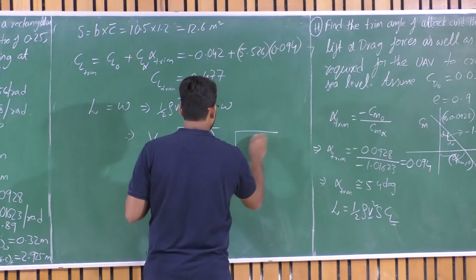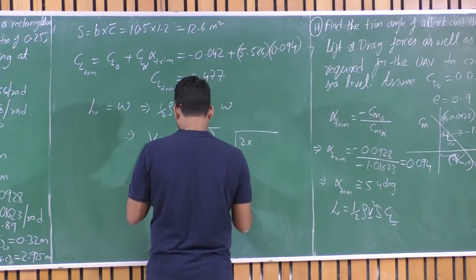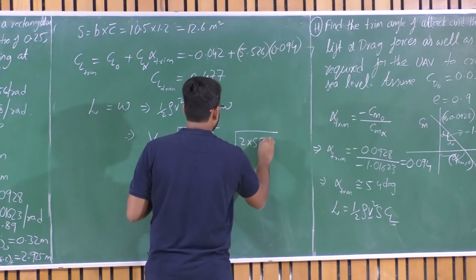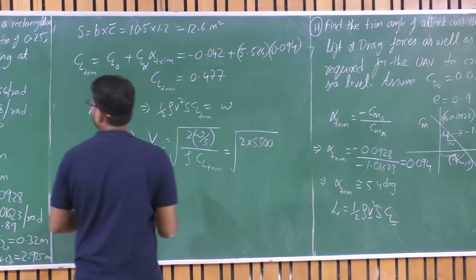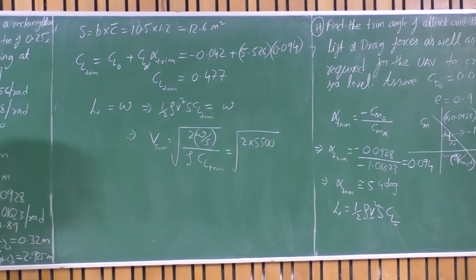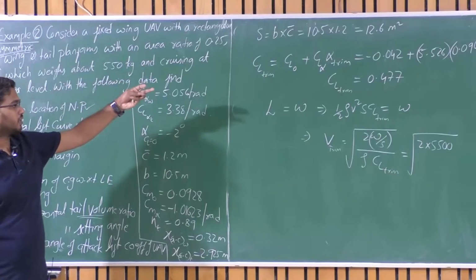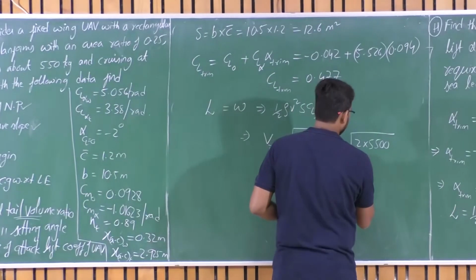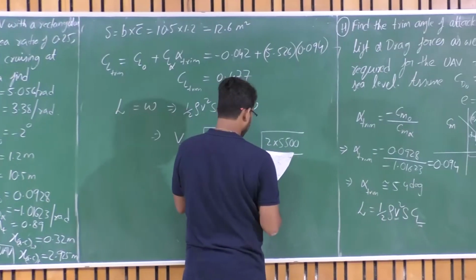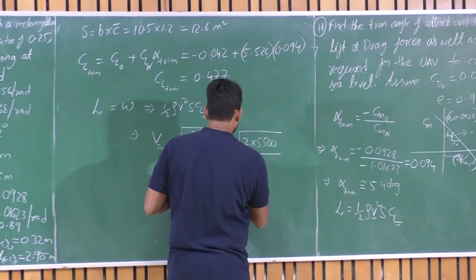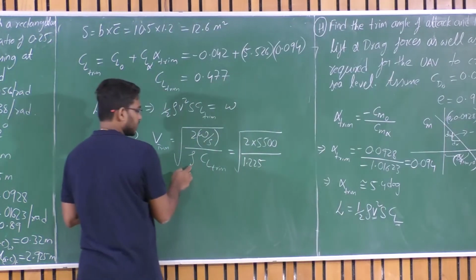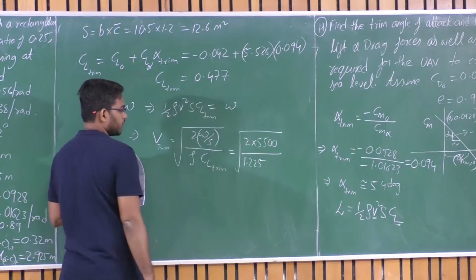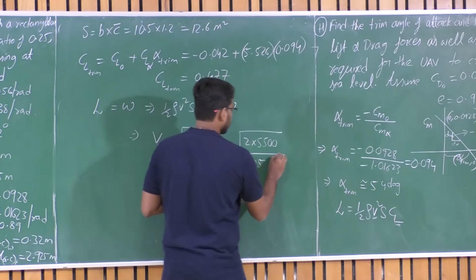So this equals 2 times W. 550 kgs was given, so we need to convert it to newtons. I am considering g as 10 meters per second square. So this is 5,500 newtons upon 1.225, since we are flying at sea level. So density at sea level is 1.225 kg per meter cube, times CL trim.